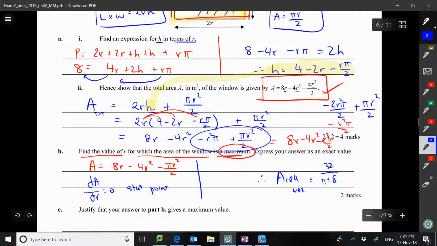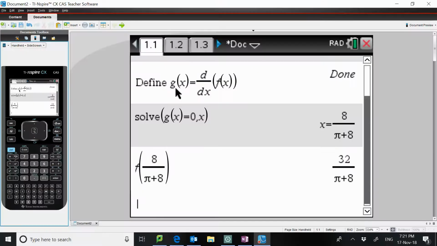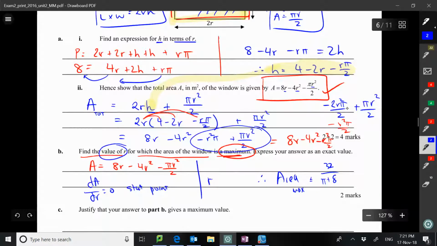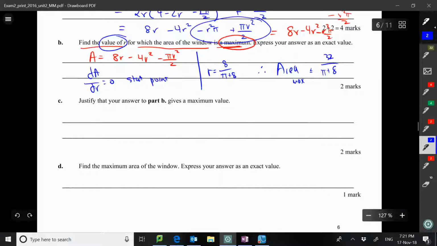Okay. Yes. But I just realized they didn't tell me to find the maximum area. They said find the value of r, which I technically found before. r had to equal 8 over pi plus 8. I just found the max area. I bet you that's for the next question somewhere.